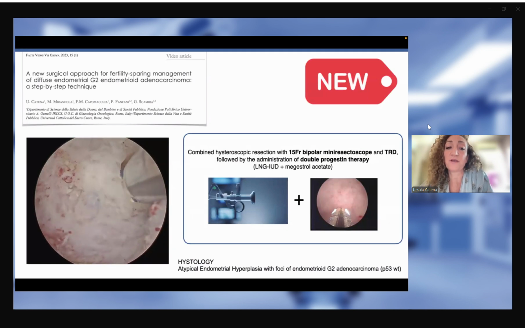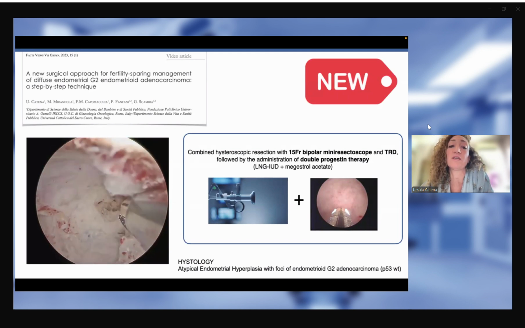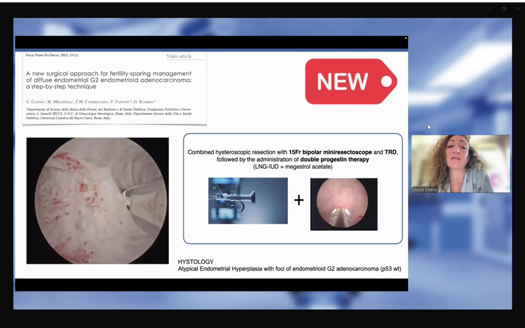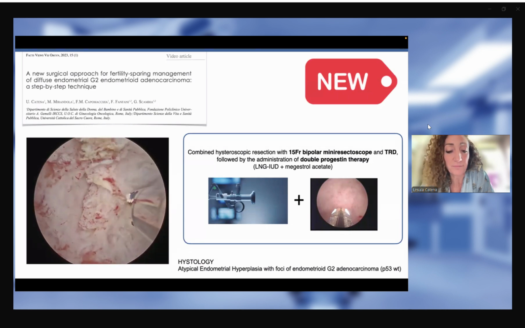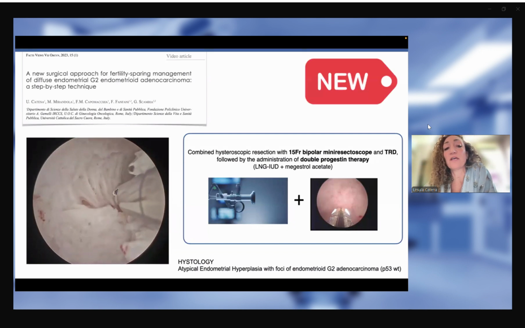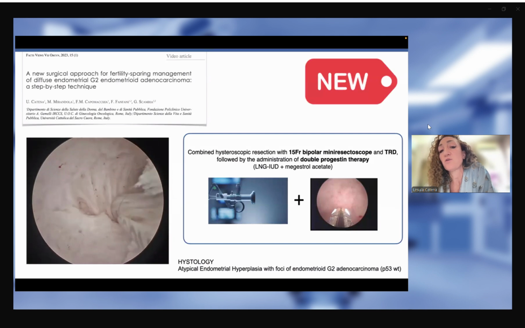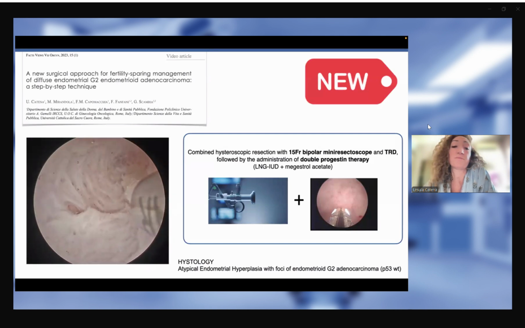So soon after the end of the surgery, I put a levonorgestrel IUD inside, and they started megestrol acetate 160 milligrams orally per day. You see here with the rotation of the tissue removal device near the tubal ostia, you can completely remove the pathological endometrium.